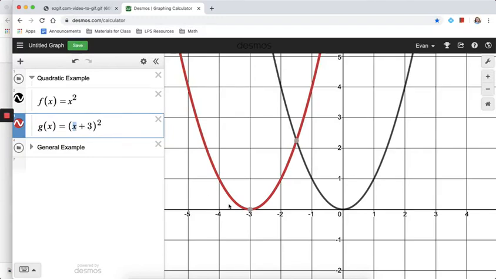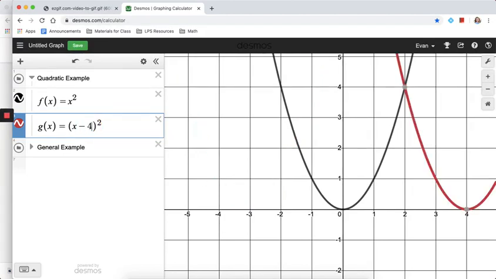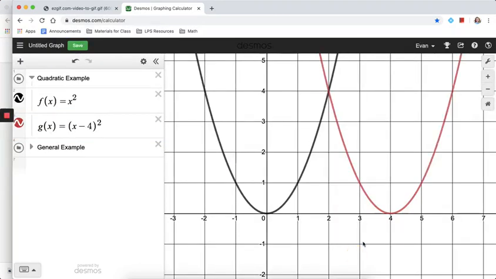If we wanted to have a 0 at -3, we needed to have the opposite sign in parentheses, plus 3. If we want to have a 0 at +4, we need x minus 4 in our parentheses. The same thing's going on here with the inputs into our functions.